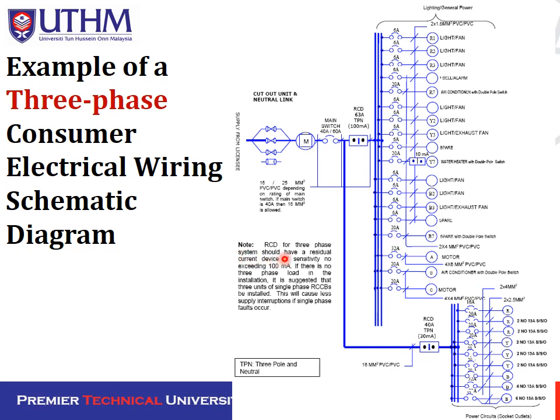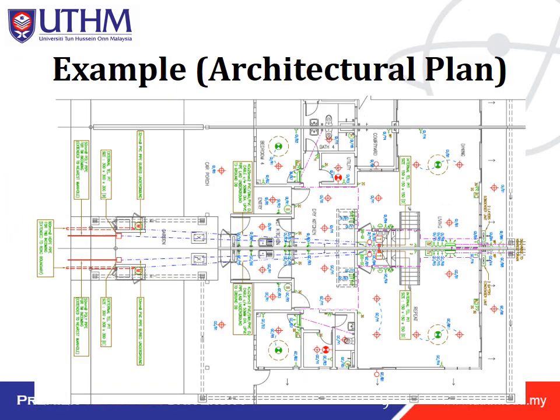The three-phase schematic diagram is much more complicated compared to the single phase just now. We can see here we have two types of RCD. One is for 63 ampere TPN, and another one is for 40 amp.